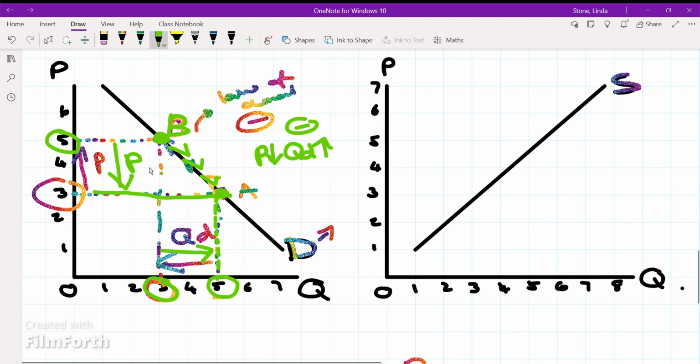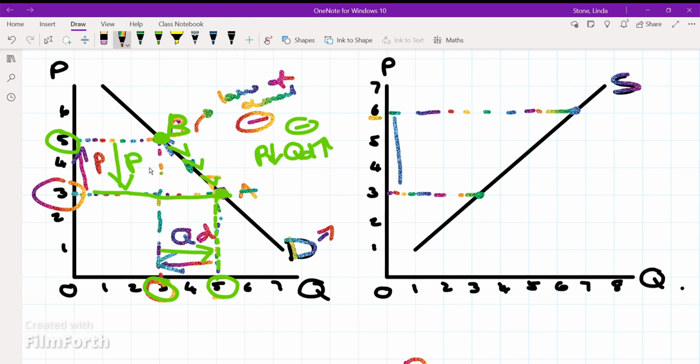Now, the very same will happen when we look at the supply curve. So let's say we start at an initial price of 6 Rand for a chicken, and the price falls to 3 Rand.